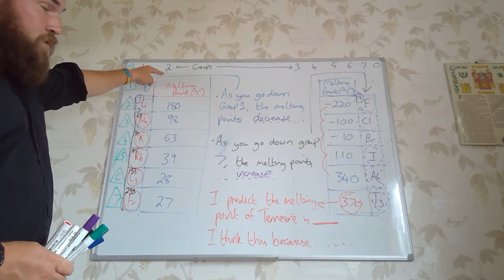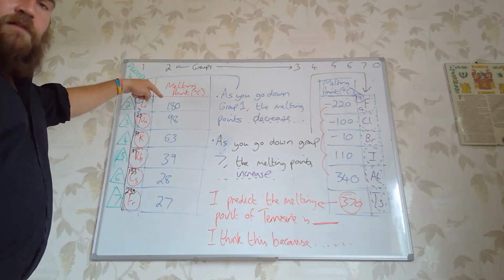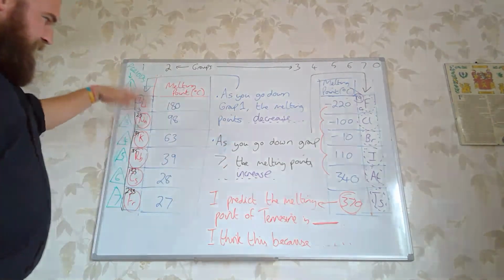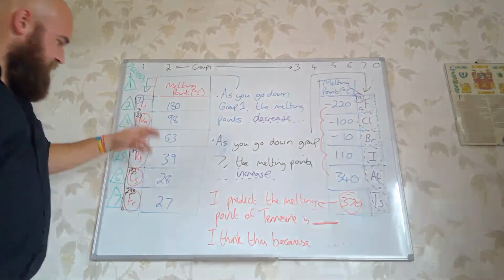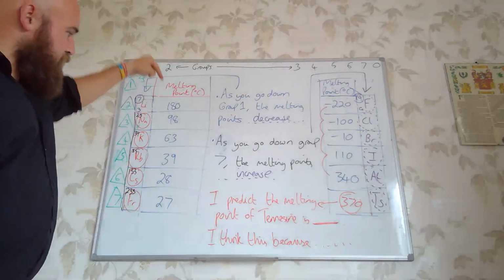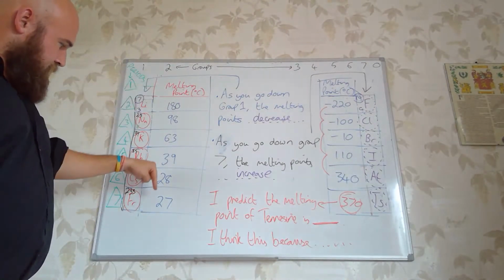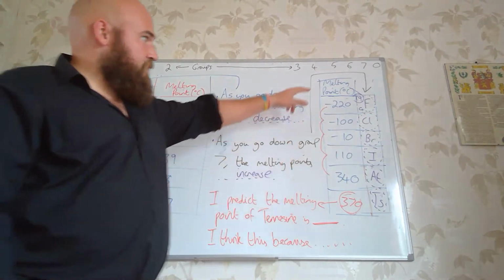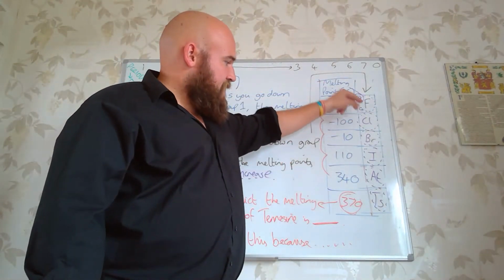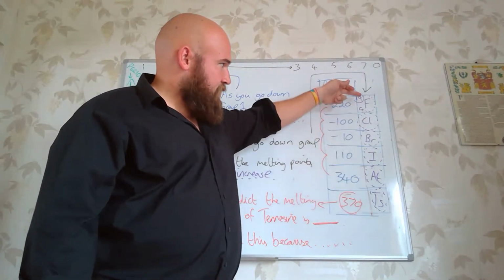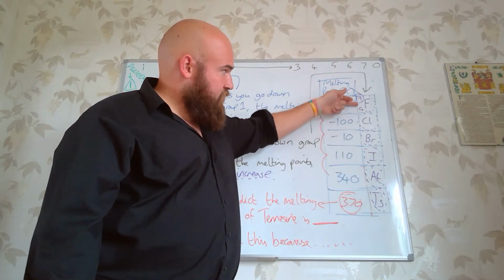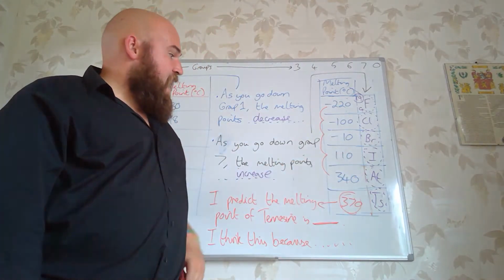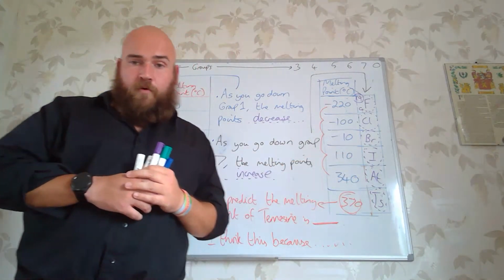So group 2 goes from beryllium down to calcium, magnesium, strontium, and barium, and all those things. It's the same trend. As you go down the metals, the melting points get lower. And these over here are non-metals. And then as they get heavier, so look at the top numbers as we go down, they actually get higher melting points.